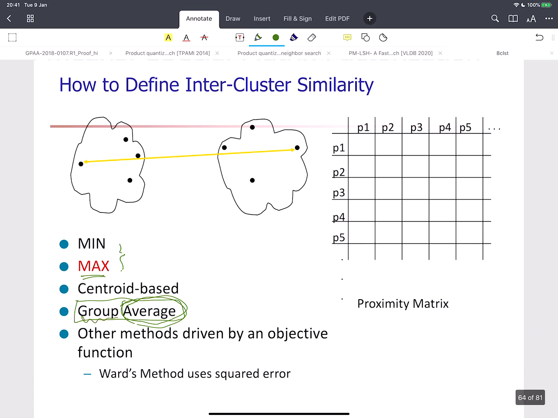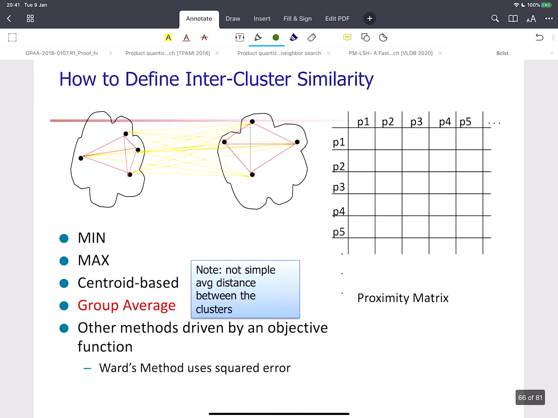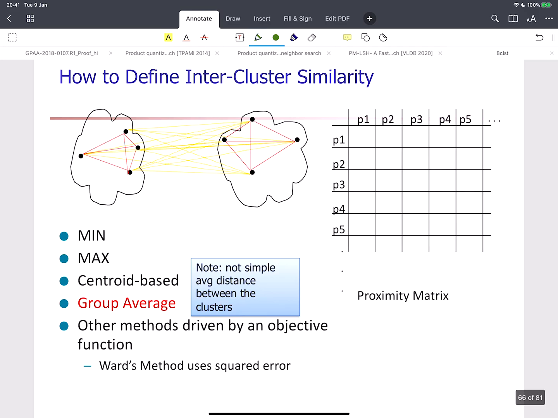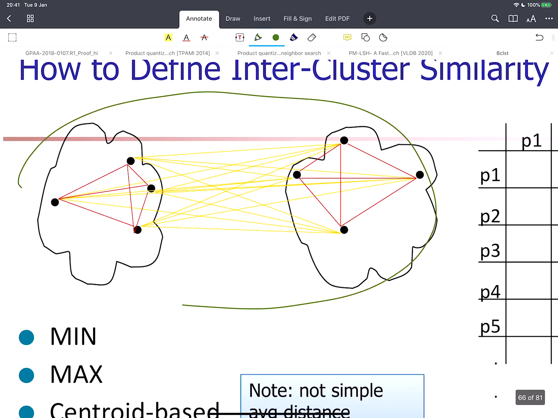So the so-called group average is a fix. It's very similar to the average. The only difference is that the average only looks at the pairwise pairs. If you can see all the lines, these are the yellow ones. But the group average means you group the two clusters into one cluster first.